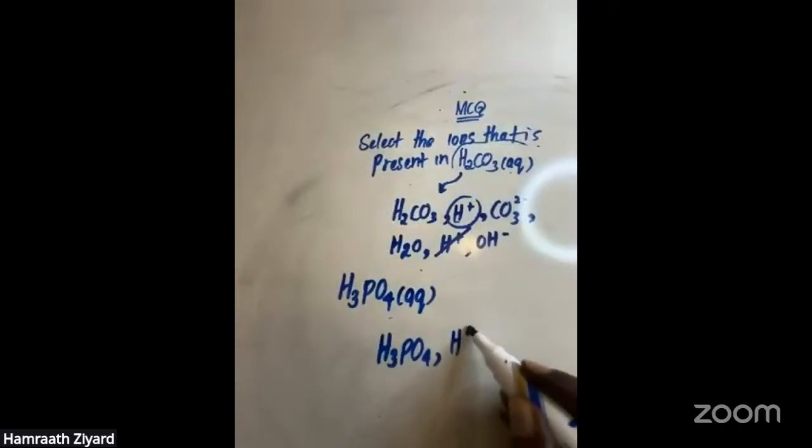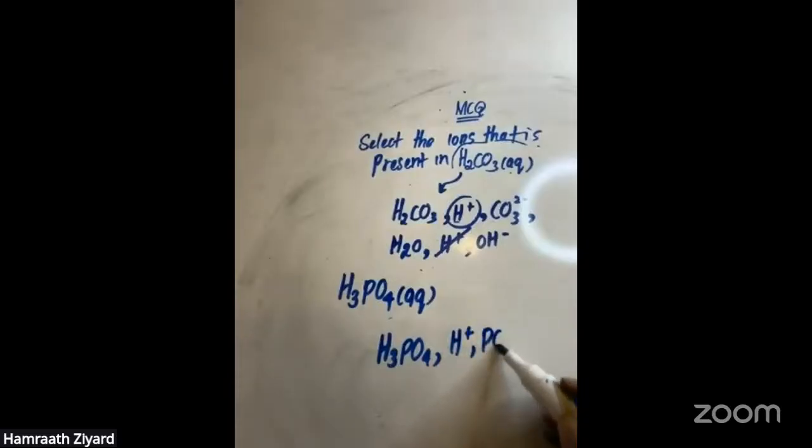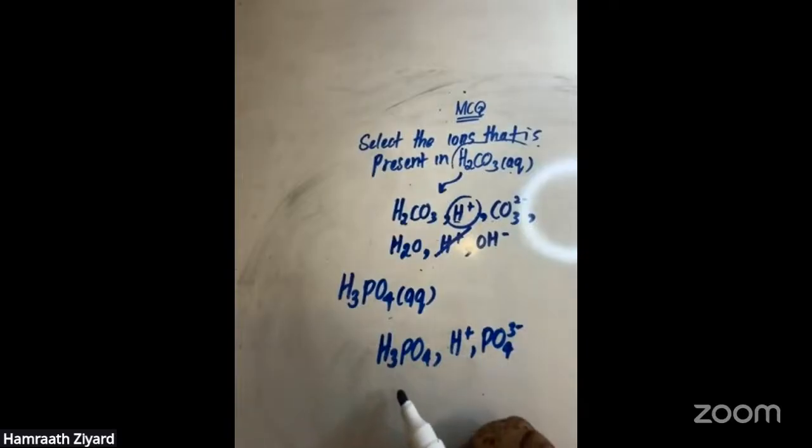Again, H plus ion, PO4 3 minus. And again, what else will you have? You will also have OH minus ion, water. These are the things you will have in the phosphoric acid.